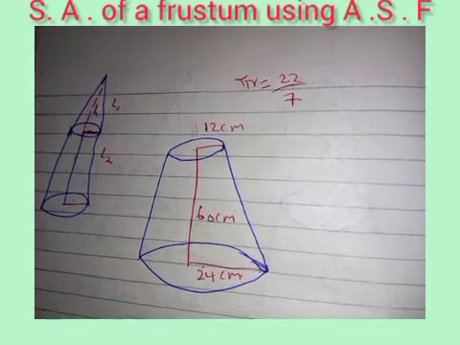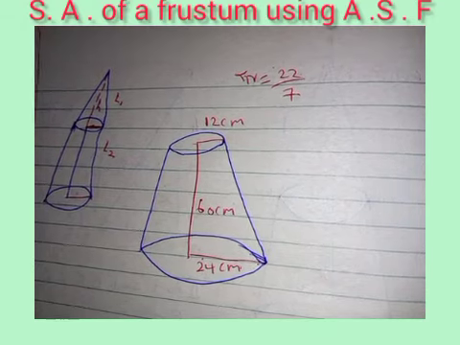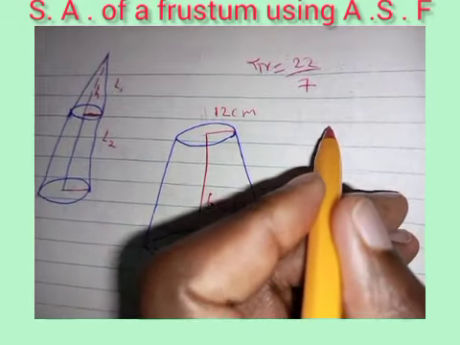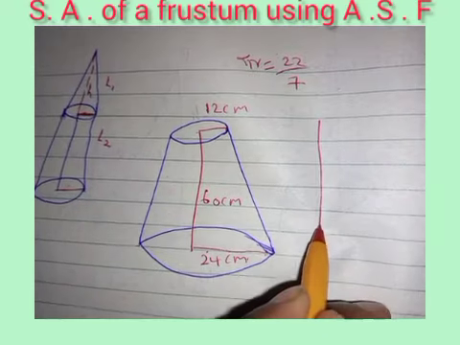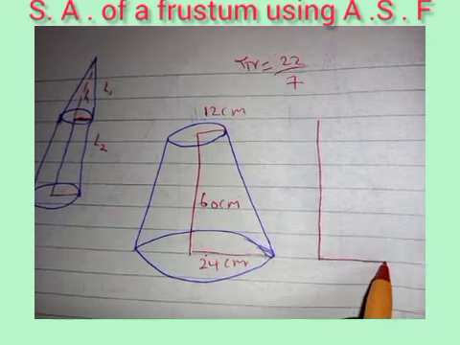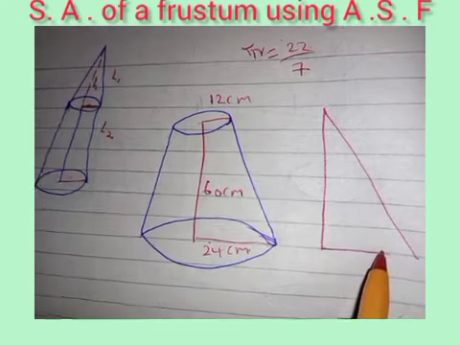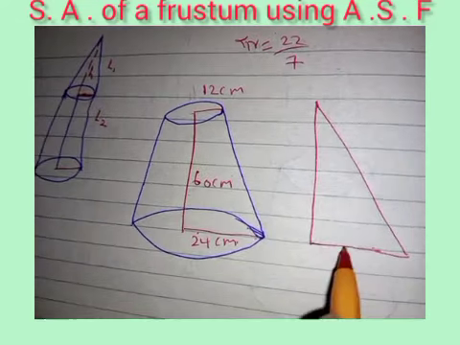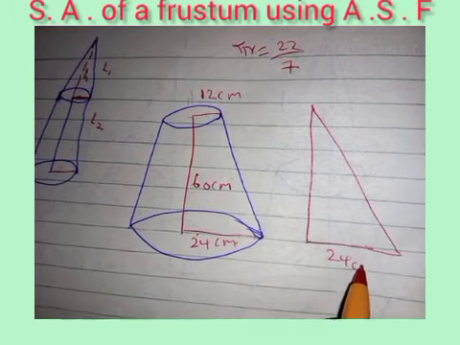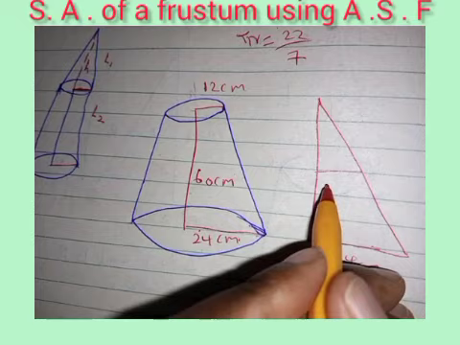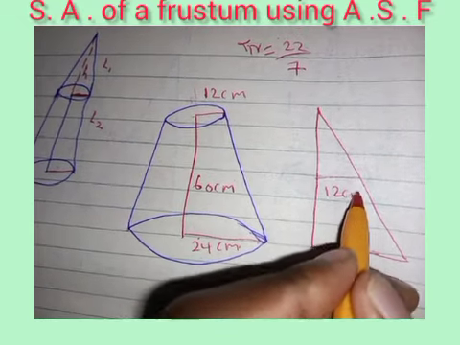Now to do that, you start by completing the frustum as I have done that way, so that it becomes a cone. After completing, you can extract a right angle triangle of this form. So this is 24 centimeters. You are given this part as 12 centimeters.